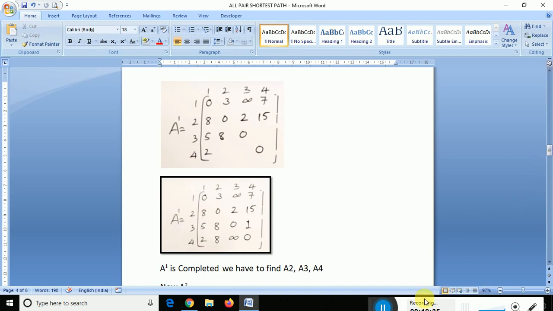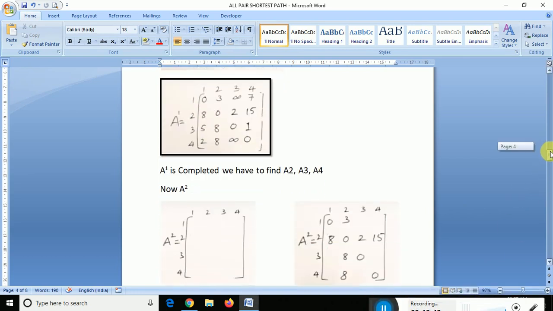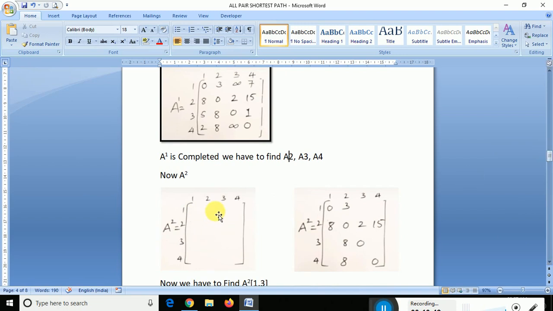To find this A2, what we have to do? We have to draw the matrix as A2, and keep second row second column as it is using A1, 3 0 8 8, 8 0 2 15, and the same thing for the diagonal. We have to keep all this as it is. For A1 we kept first row first column as it is.